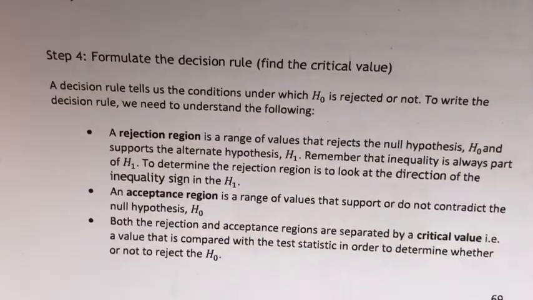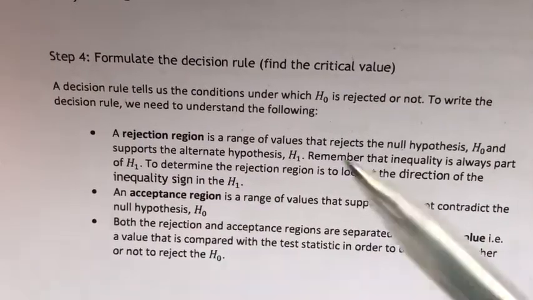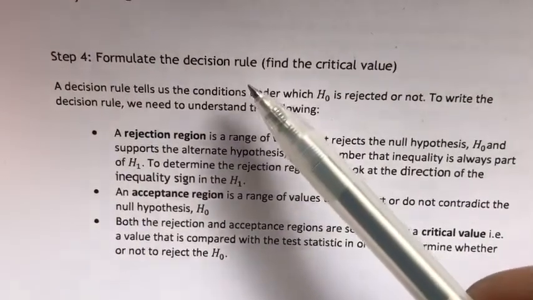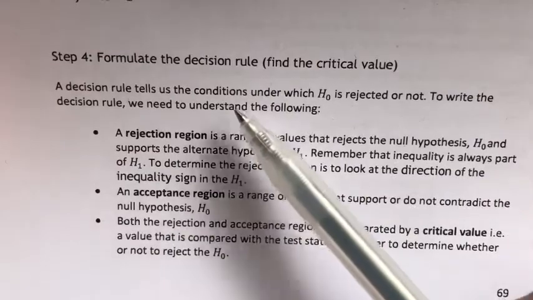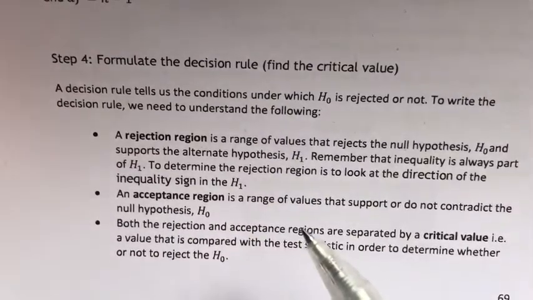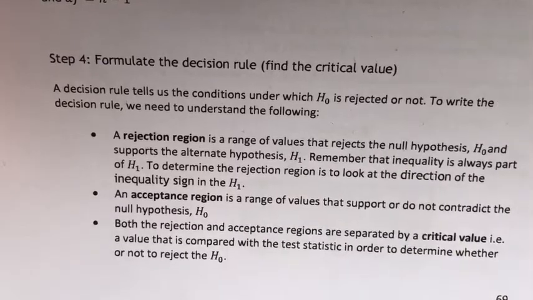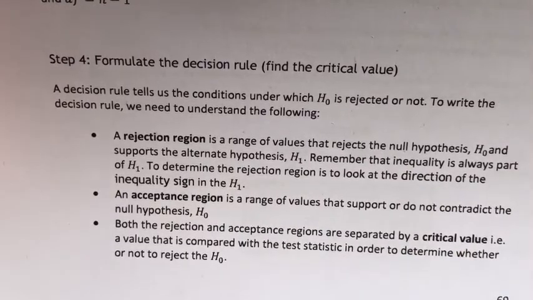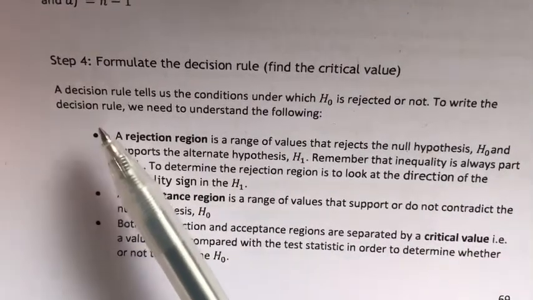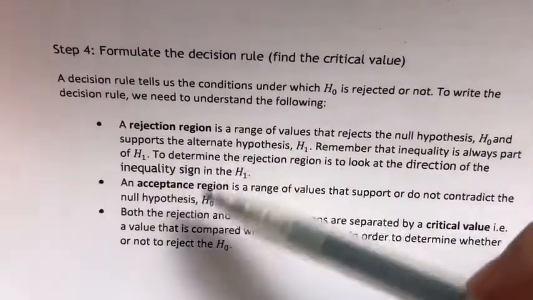Step number 4 in hypothesis testing is to formulate the decision rule. Now this decision rule is basically a condition that tells us whether to reject the null hypothesis or to not reject the null hypothesis. So how do we write this decision rule? Well, to understand it is to know these two areas.